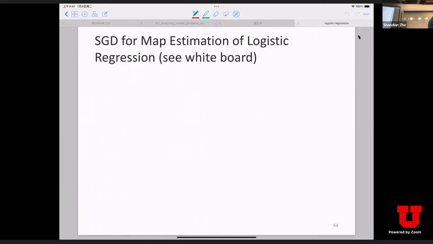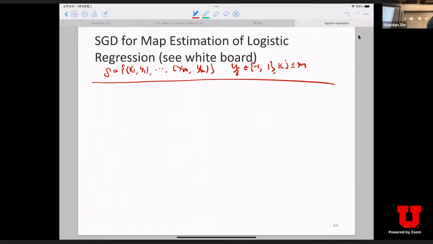Suppose we have M training examples, x1, y1 up to xm, ym, and remember each yj is either -1 or 1. Our first step is to initialize the weight vector. For example, a commonly used initialization is just to set it to 0.